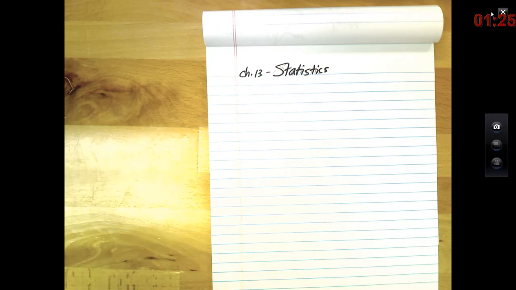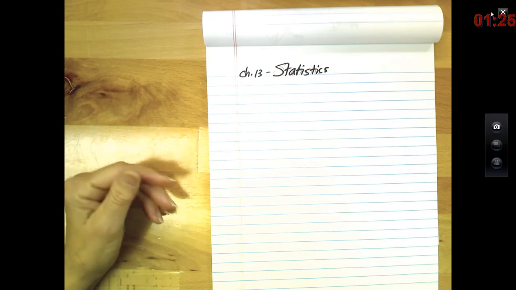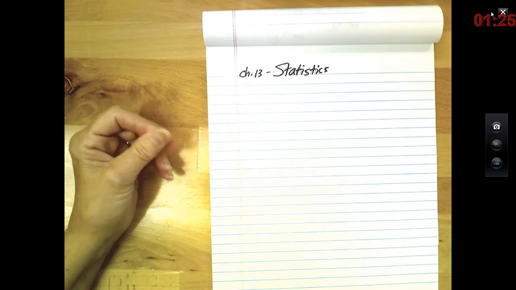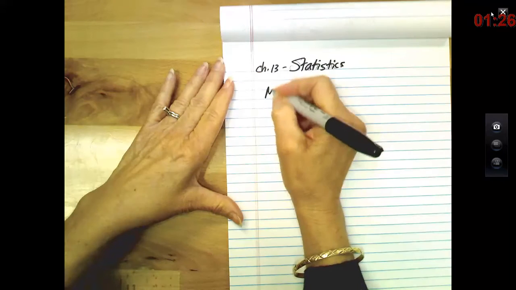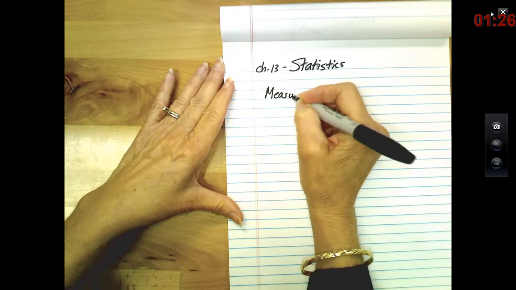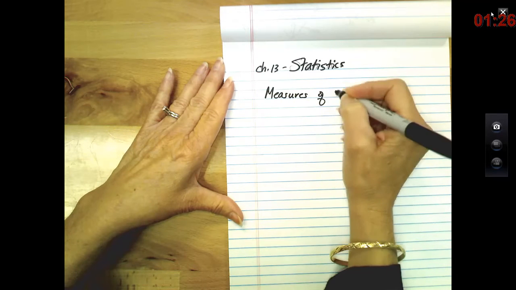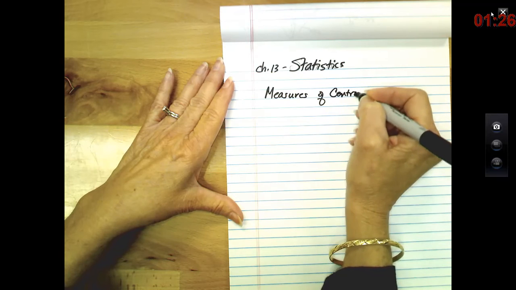Like they might say the average number of participants is this, or they might say the median number is that. And so you have to be real careful about which measure of central tendency they're using. I'll give you some examples of that in a minute. Okay, so we're going to talk about some measures of central tendency.